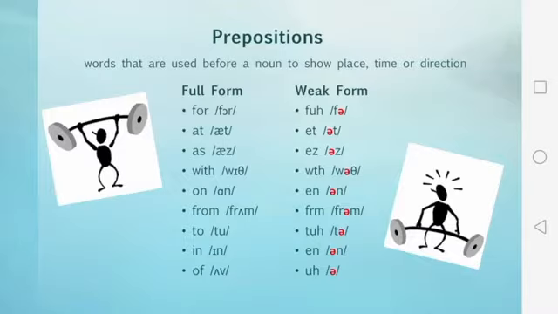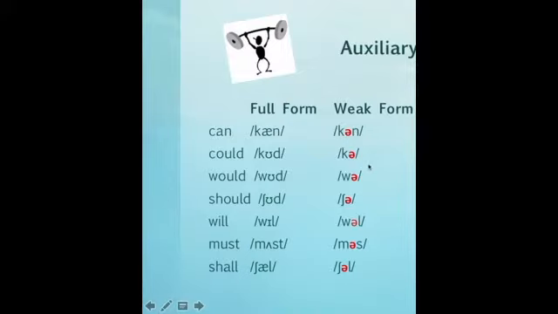For becomes fur. At becomes it. As becomes is. With becomes with. On becomes un. From becomes from. To becomes t. In becomes un. Of becomes a. Can becomes kin. Could becomes k or kid.